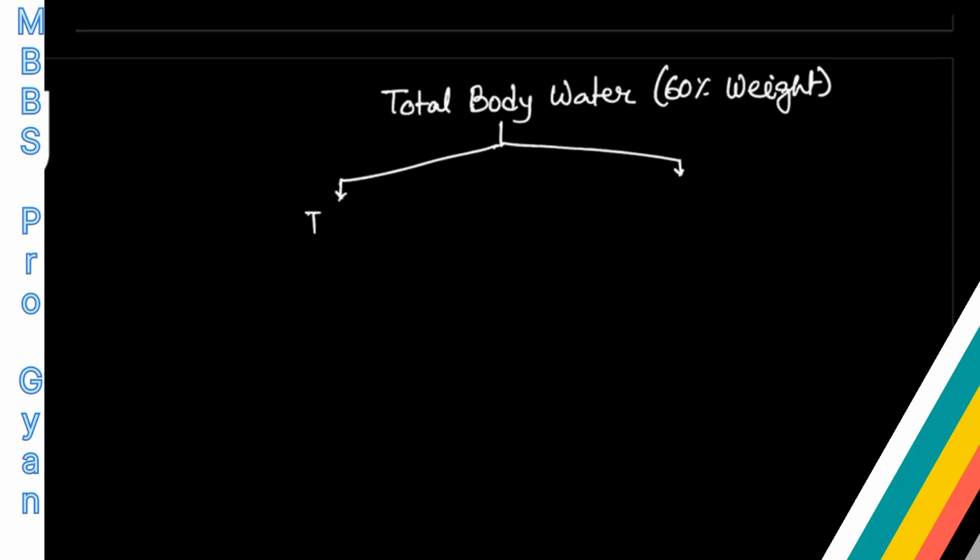One is intracellular fluid or ICF, and one is extracellular fluid or ECF. We all know that ICF is 2/3 of the total body water, and ECF is 1/3 of the total body water.